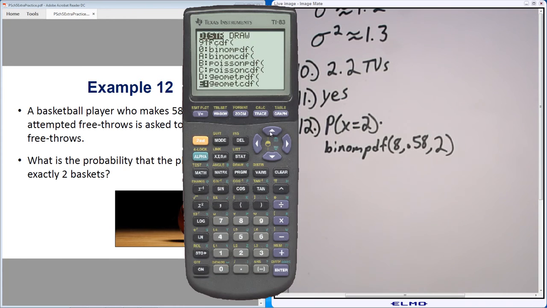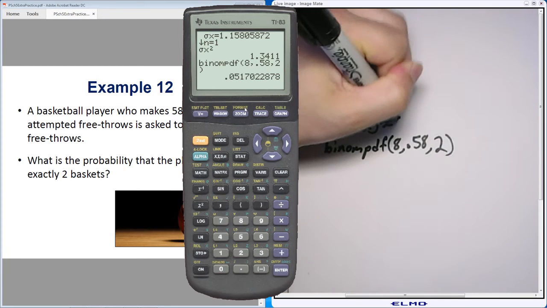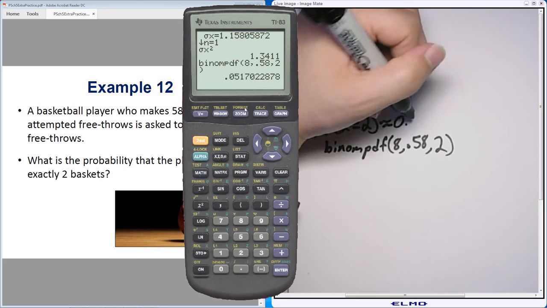Second Vars, binomPDF, and there's my answer. We'll round it to 4 decimal places, 0.0517.